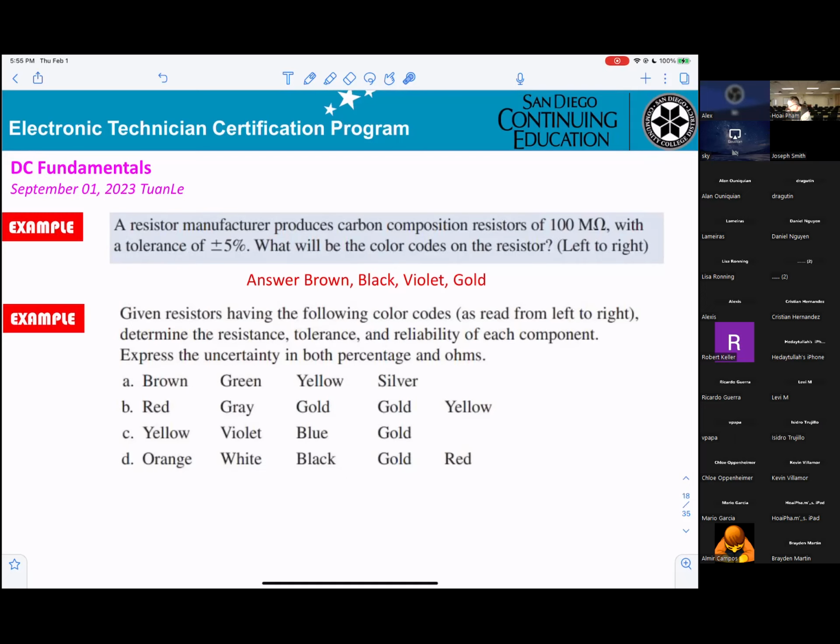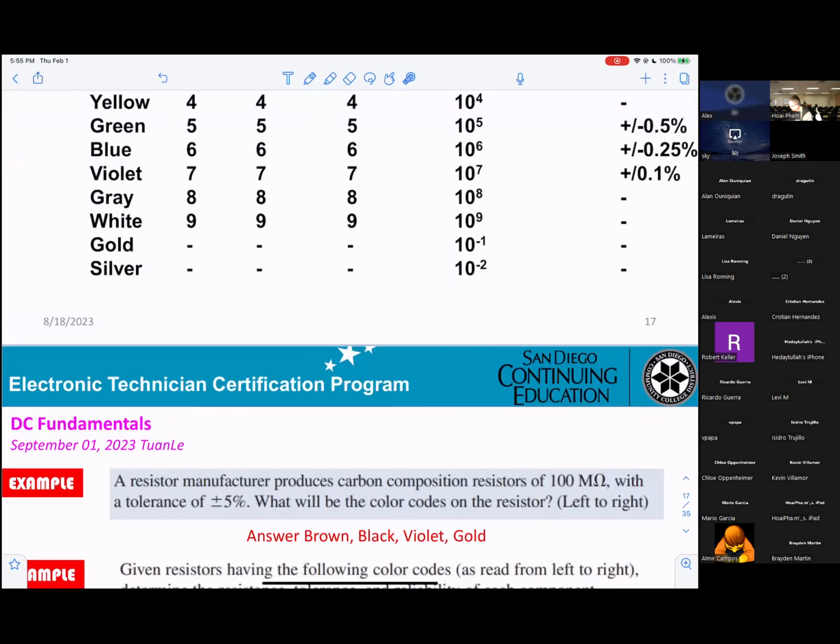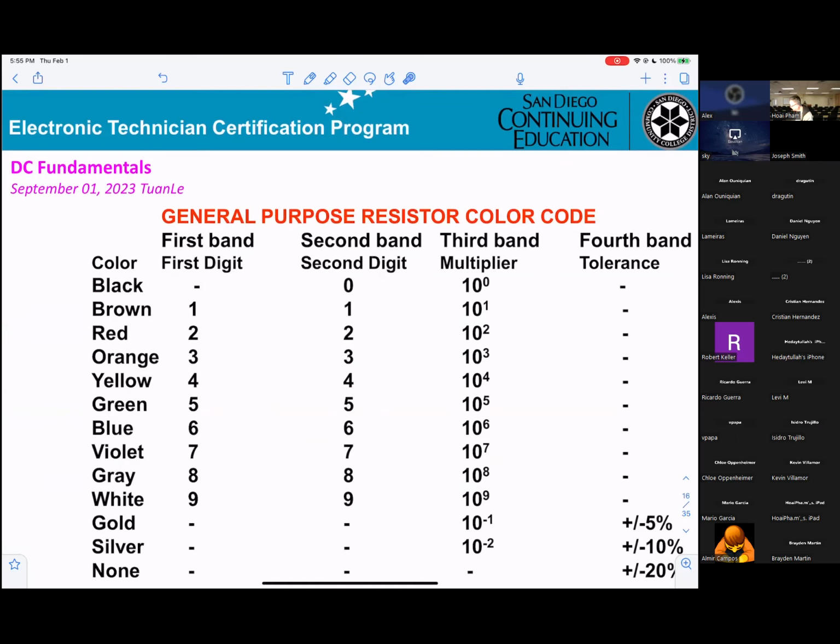Let's see what they say, 100 mega ohm. Can you tell me by the color?